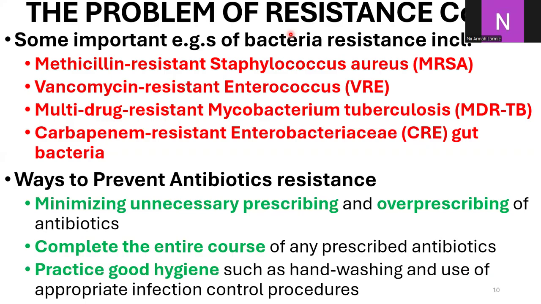So you have methicillin-resistant Staphylococcus aureus. The same way, vancomycin, very good against gram-positive enterococci. It's been shown that some enterococci have become resistant to vancomycin. So we have vancomycin-resistant enterococci.